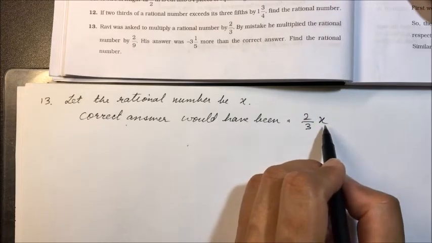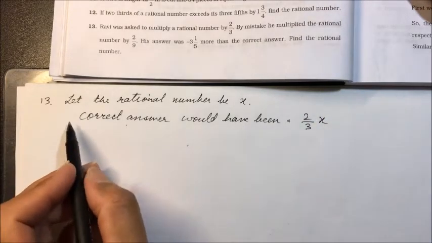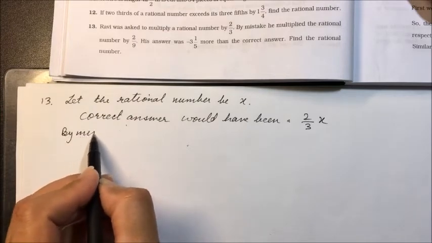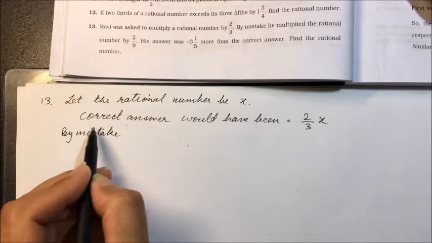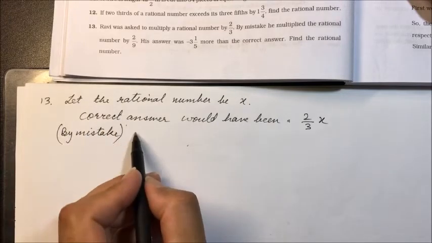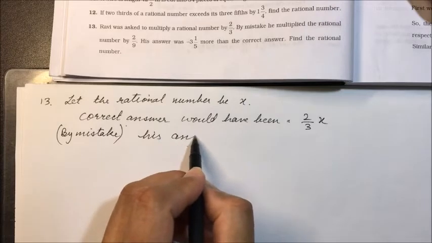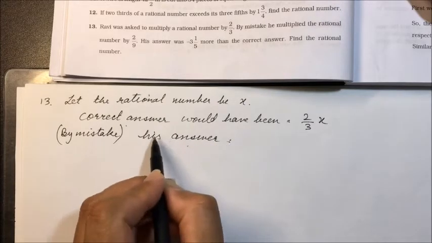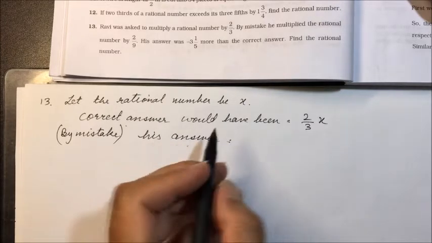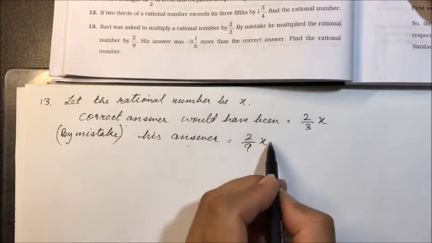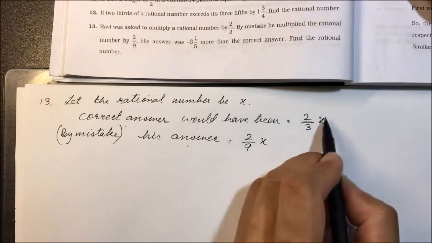This would have been the correct answer, but by mistake, so in brackets we can put his answer. The answer which he got was 2/9 of x. This was his answer and this was the correct answer.